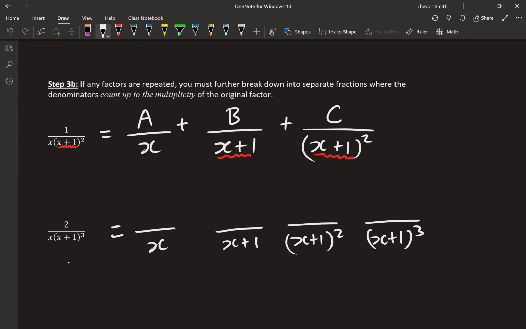This is what it means to count up to the multiplicity. On the numerator, a generic polynomial 1 degree less than the base factor. Again, the base factor is the part that's inside the parentheses. So these are all degree 1s, A, B, C, D.